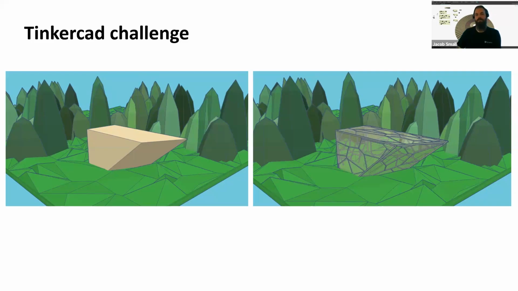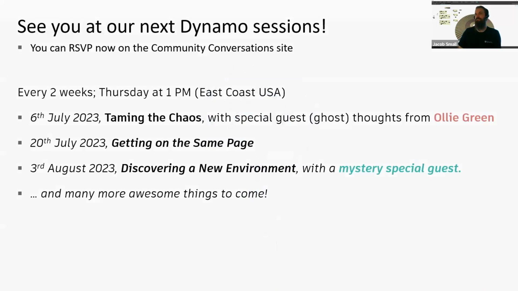All right, if not, we can go ahead and start our wind down here. Next session is July 6th, Taming the Chaos with a special guest as a ghost, Ollie Green. So really looking forward to that. It's going to be all about management and troubleshooting of complex graphs.